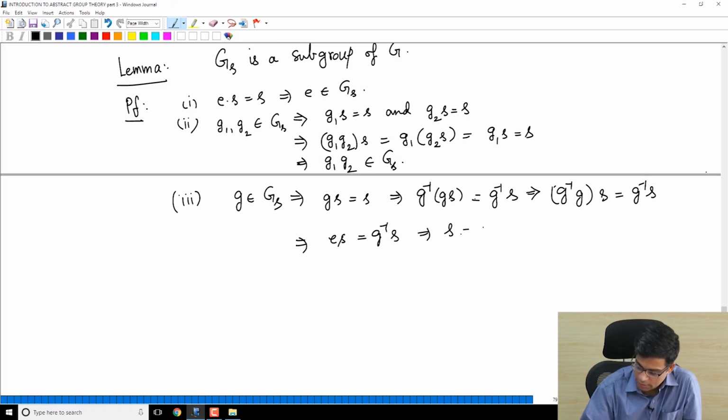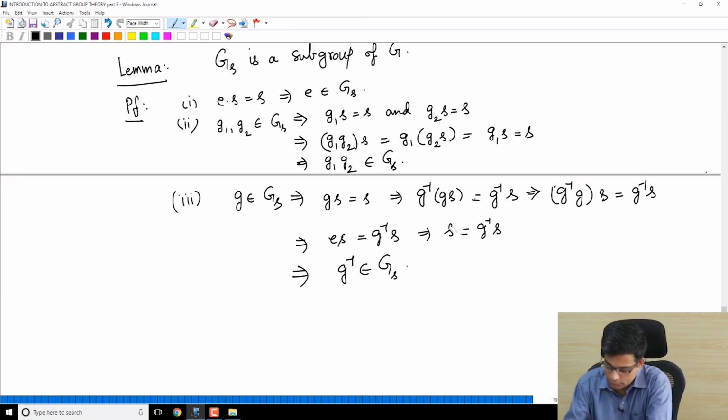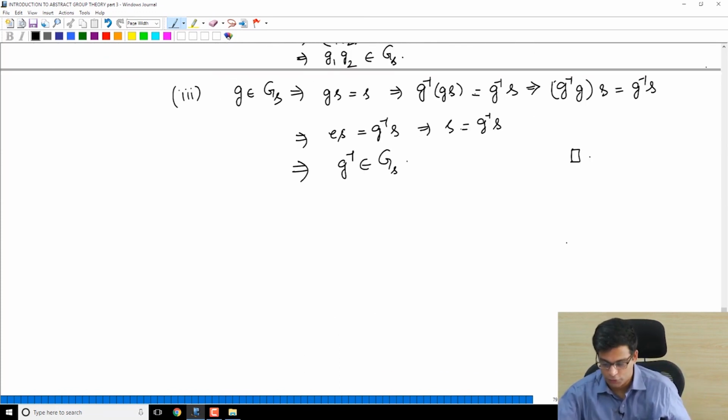This means s is equal to g inverse s, right? But this means that g inverse is in the stabilizer of s, because g inverse also fixes s. g inverse s is s, so g inverse is in the stabilizer. So this is the proof that the stabilizer is a subgroup of G.